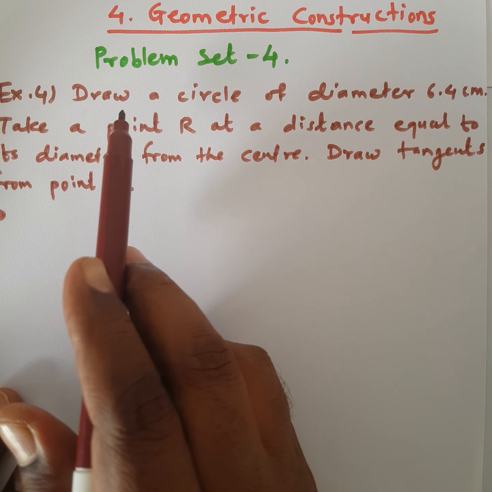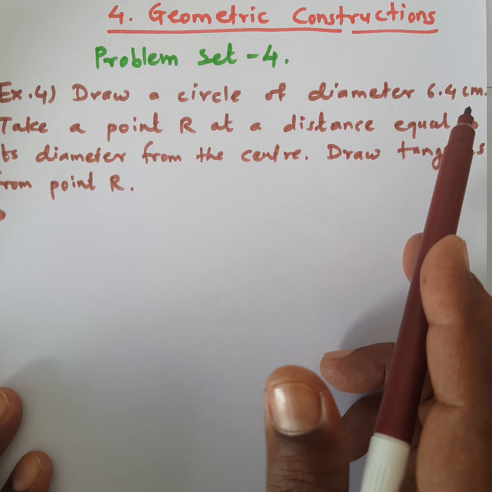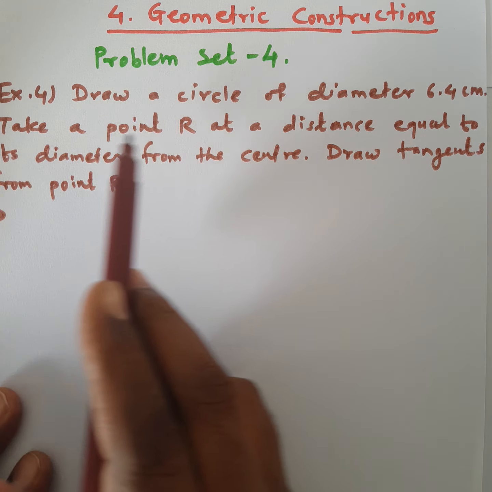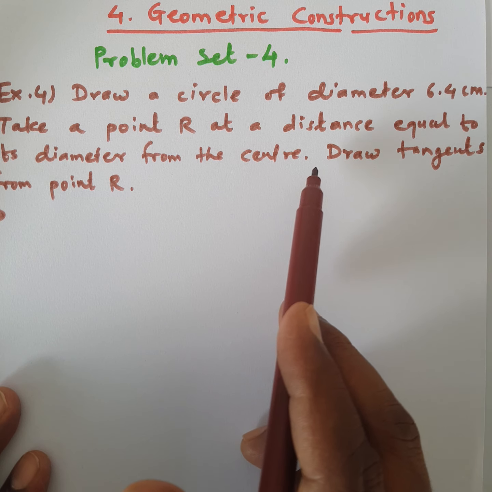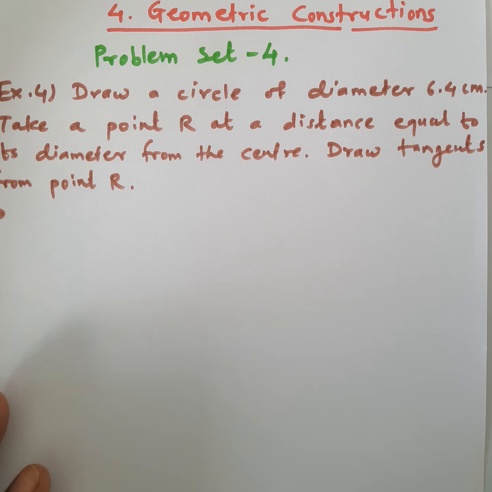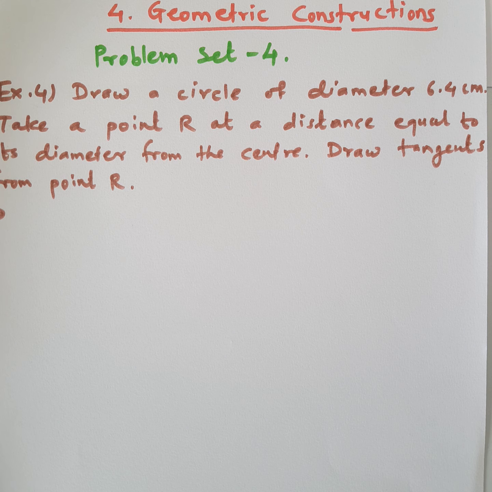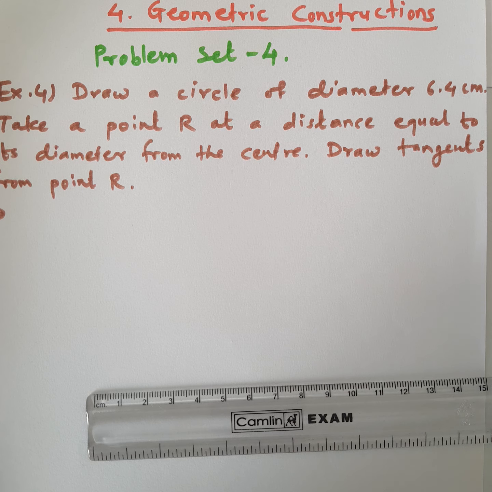See the example: draw a circle of diameter 6.4 centimeter. Take a point R at a distance equal to the diameter from the center. Draw tangents from point R. We will construct these tangents. First, the diameter is given, 6.4.